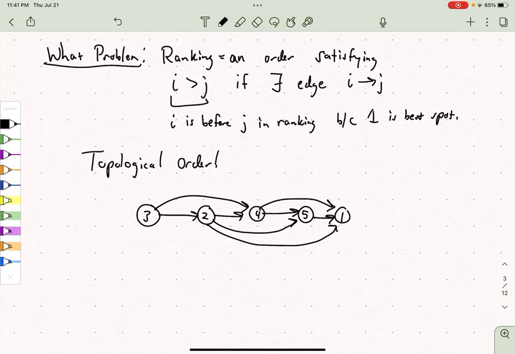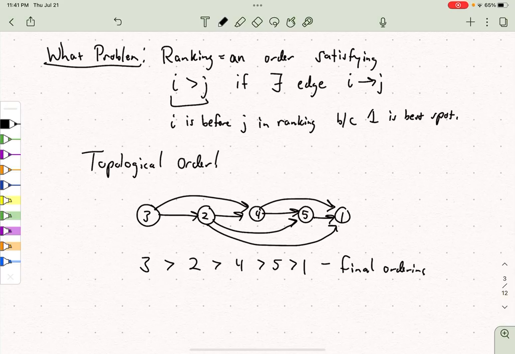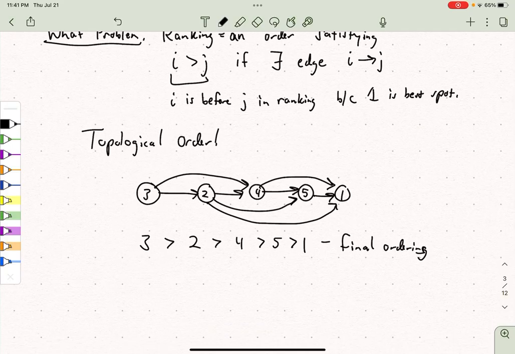Then the ordering we want is this. This is the final ordering. And it's the same as a topological ordering of the graph, because it guarantees that players that beat everyone else become first in this graph.